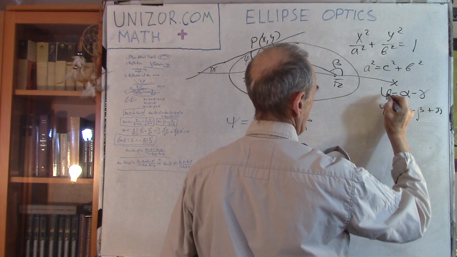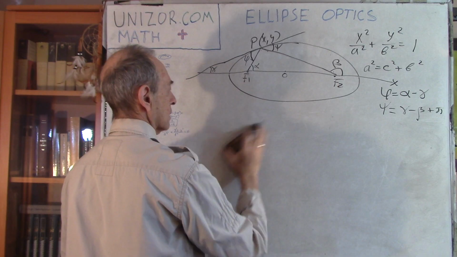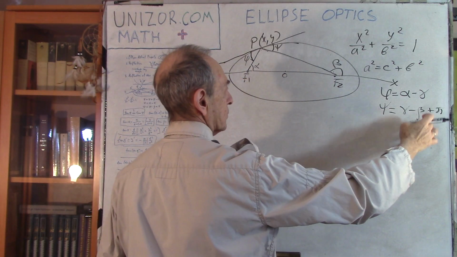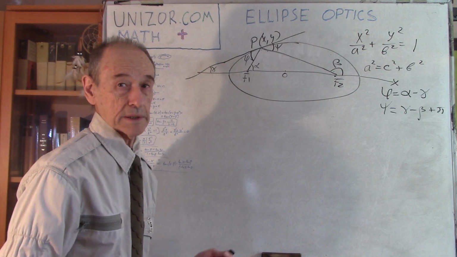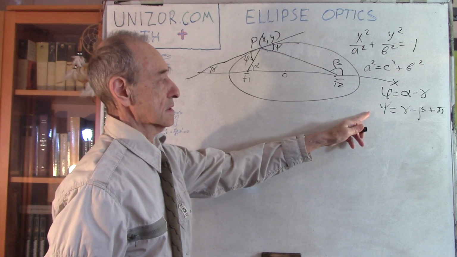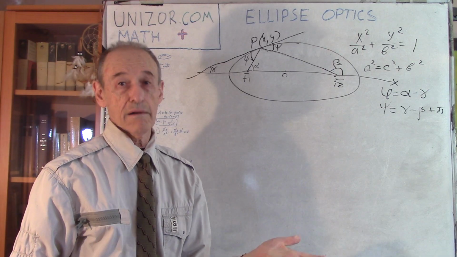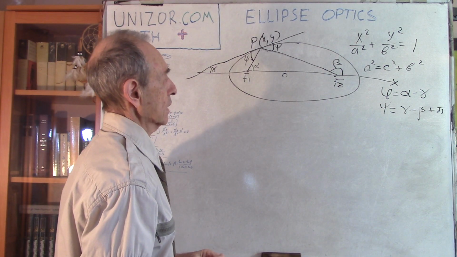Okay? So I have expressed angles phi and psi in terms of alpha, beta, and gamma. Now, if I know alpha, beta, and gamma, I will be able to calculate phi and psi, and I will be able to basically prove that they are equal. So that's my goal.